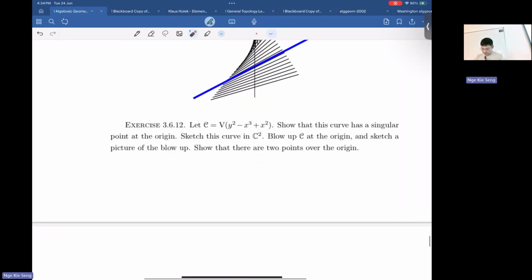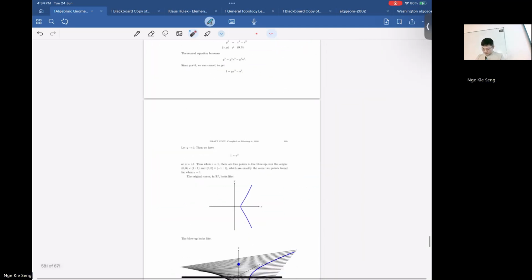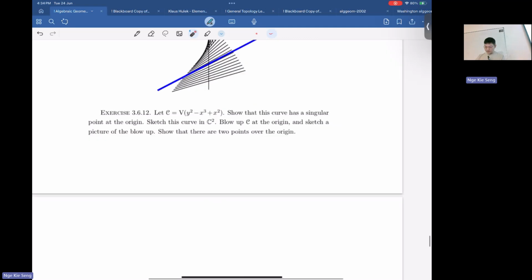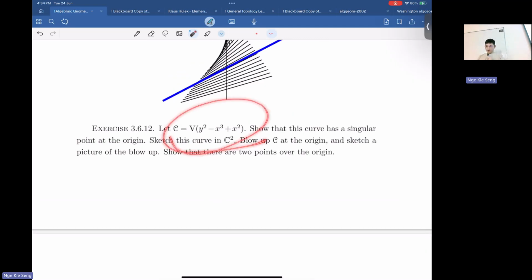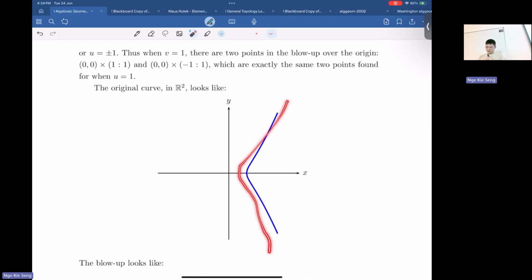And then this curve, I think we saw it a few times already, right? This curve is a little bit different here: y squared minus x cubed plus y squared. I think it's this part plus a dot here.